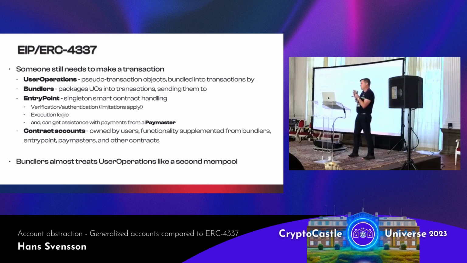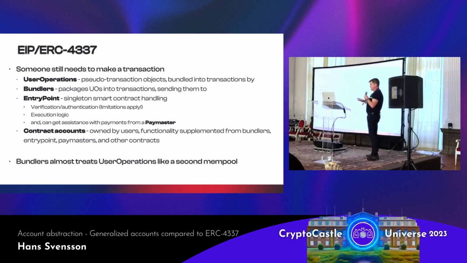In order for these user operations to actually do something sensible, the bundlers will post these transactions targeting an entry point contract. This is a single smart contract which has the overarching logic for handling these user operations.